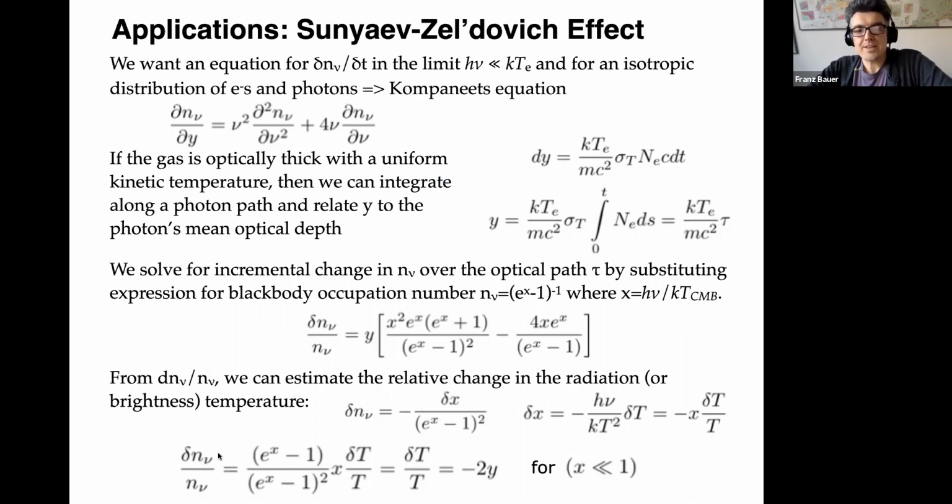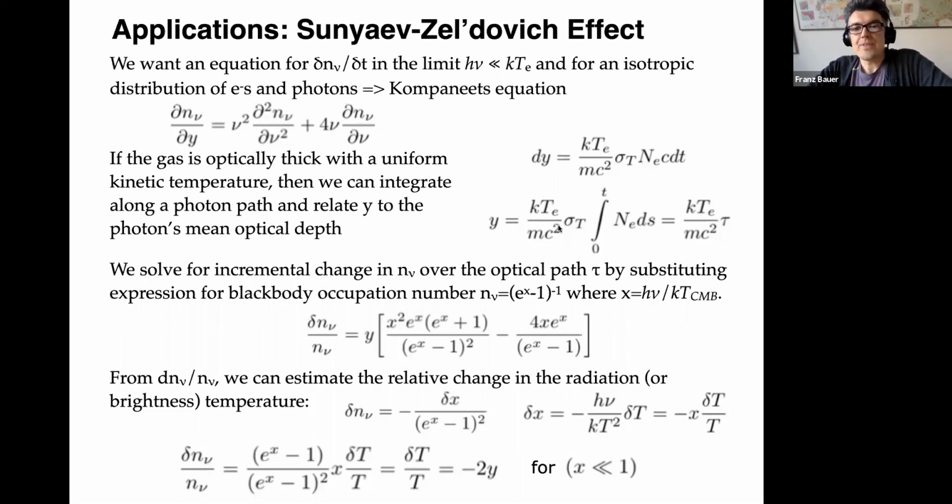And so this ratio, we plug these in, and we end up with this thing being proportional to delta T divided by T, and that's proportional to this factor of y here. And so it's proportional to tau, ultimately.